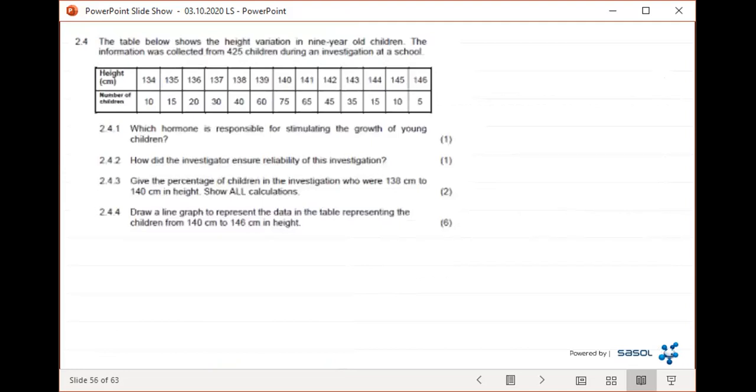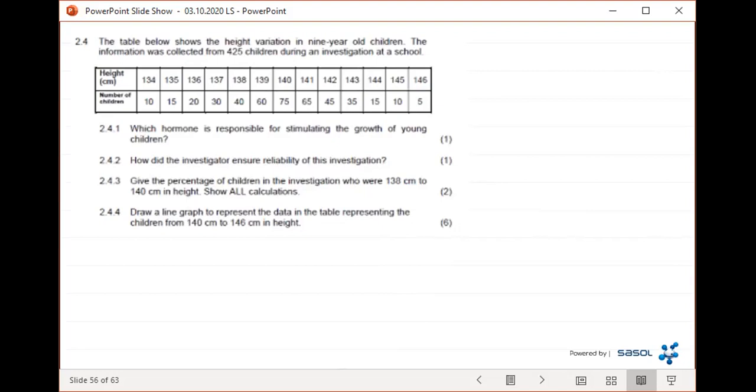It says the table below shows the height variation in 9-year-old children. The information was collected from 425 children during an investigation, and we have the height in centimeters and the number of children who have the respective height. Then question 2.4.1, which hormone is responsible for stimulating the growth of young children?